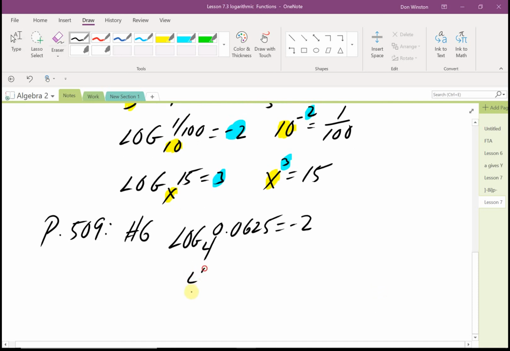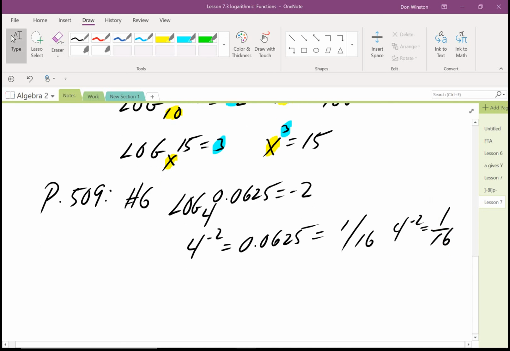Well, that would be 4 raised to the -2 is equal to 0.0625, or 1/16, since 4 raised to the -2 is 1/16.